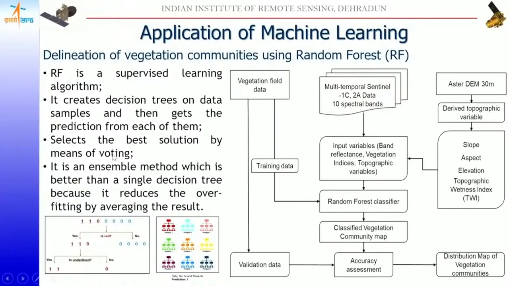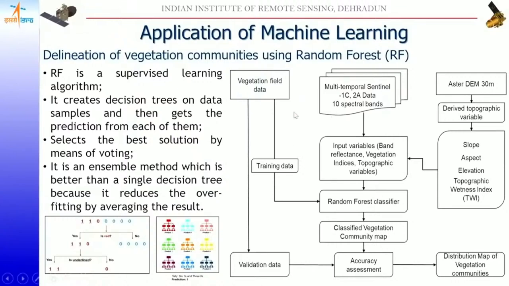But in real life or in the natural ecosystem, this simple thing does not exist. There are multiple parameters and multiple data sets available. So random forest develops multiple decision trees, and on the basis of the votes of these decision trees, it derives or denotes a particular class.